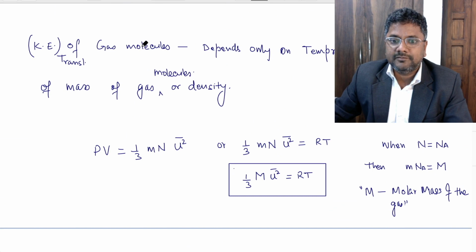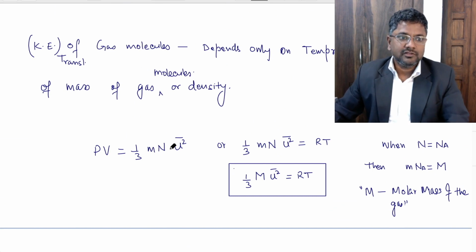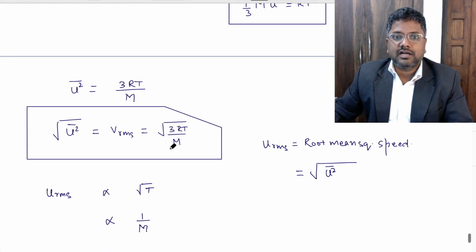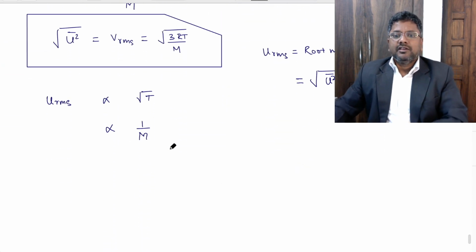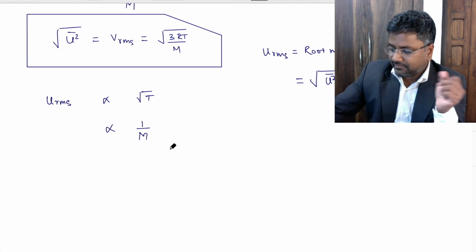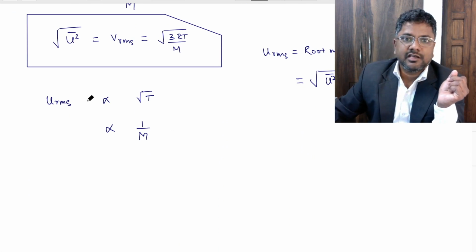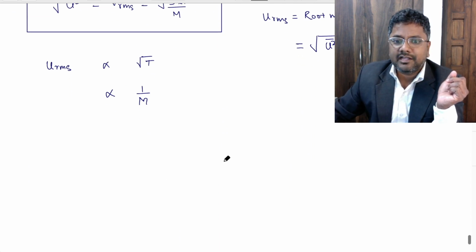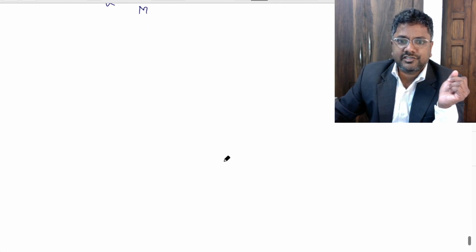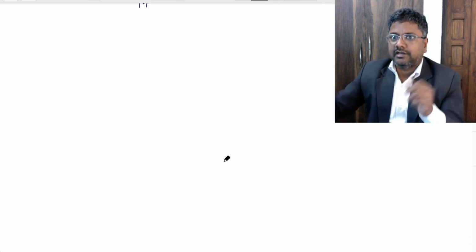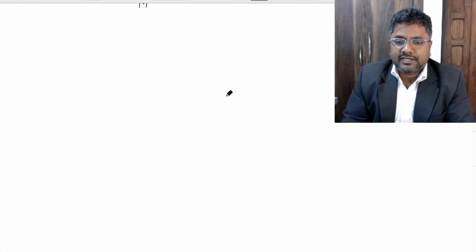Clear to everybody? Good. So this is called RMS speed. Now we have three different types of speed for gases, and all these speeds simultaneously exist for a gaseous system.